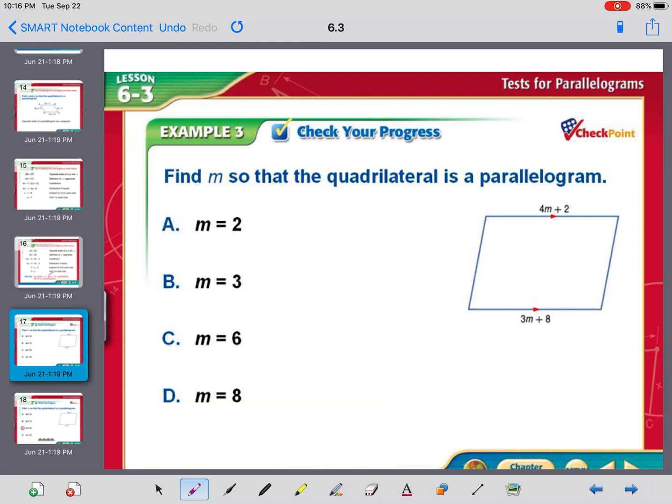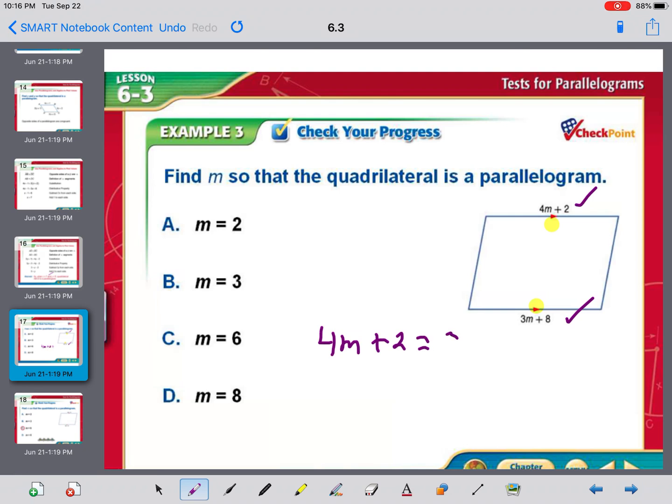It says find m so that the quadrilateral is a parallelogram. Well, one of our theorems says if you can show parallel, and you can see that's what those little red arrows mean, if you can show parallel of a pair of sides, and you can also show congruent of that same pair, then you've got a parallelogram.